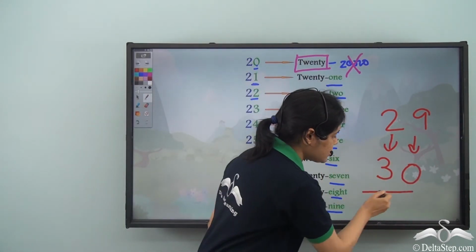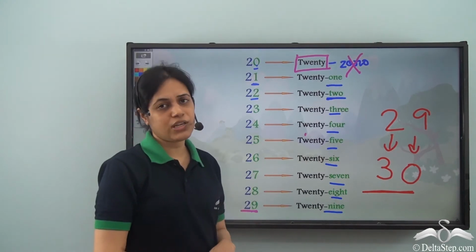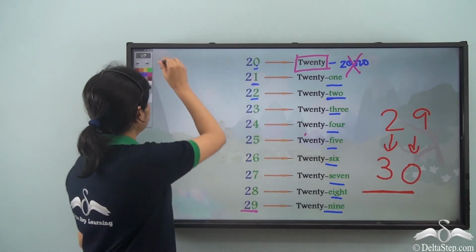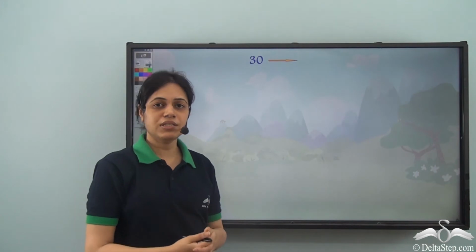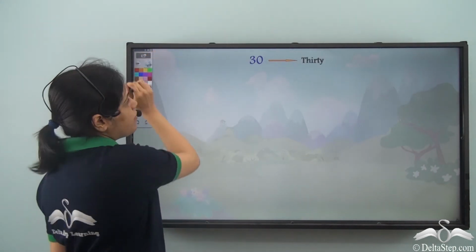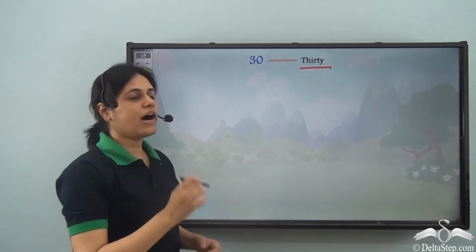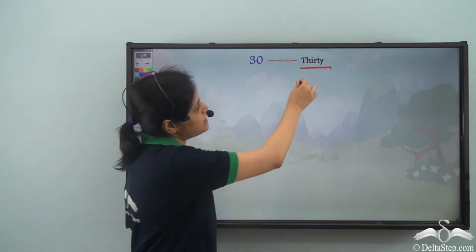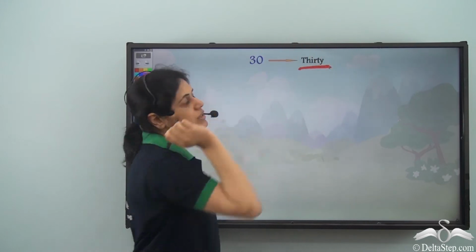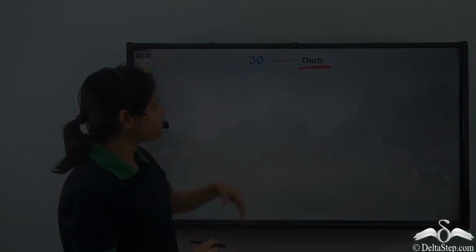So we have this, and we already know what number this is, right? We know this is 30. And what's the number name for 30? THIRTY. So this is the number name for 30, right?